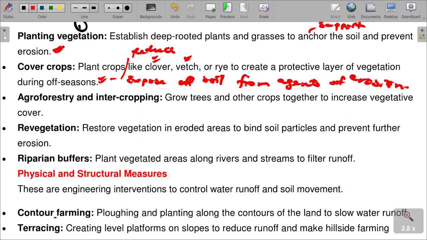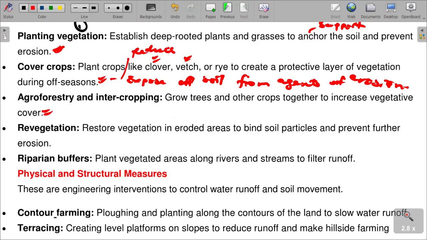Agroforestry and intercropping. We are talking about biological measures of combating soil erosion. Agroforestry and intercropping grow trees and other crops together to increase vegetative cover. This also reduces soil erosion.